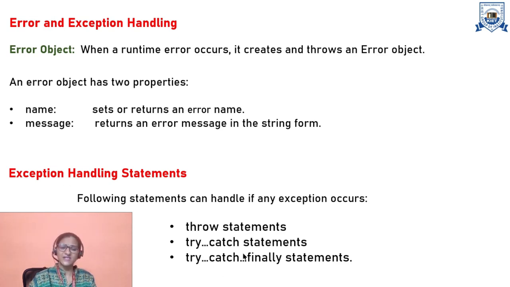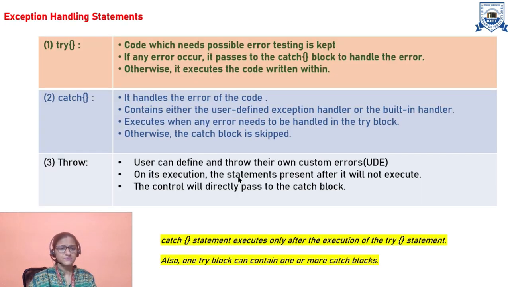Now the exception handling statements. With the help of these statements, we can handle any exception that occurs. Throw, try, catch, and finally. They're very simple. The try block contains the code which needs possible error testing, which can produce an exception.